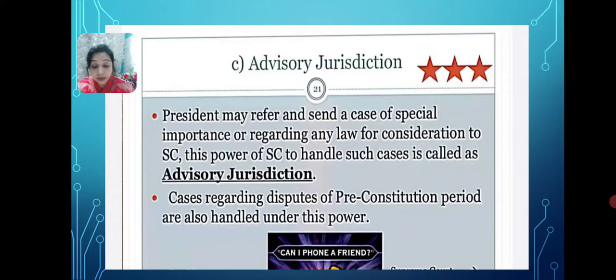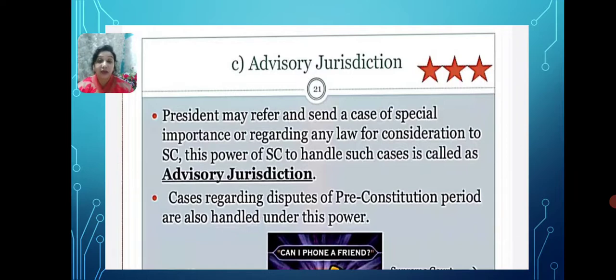Now another thing is that such opinion of the Supreme Court is advisory and not binding on the government. So when the Supreme Court gives advice, now in the pandemic situation we had the lockdowns, isn't it? The lockdown and controlling of the traffic, the new rules initiated for the police, for the law, for the government.